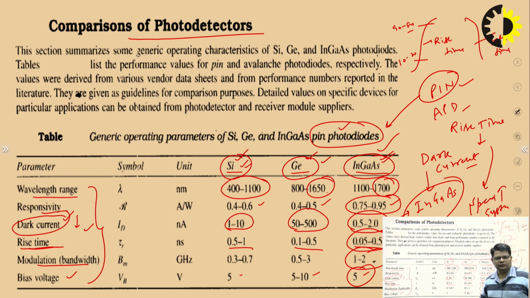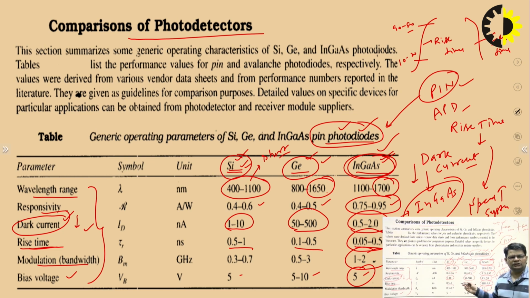So based upon this comparison, we can conclude that if we have to operate in the short wavelength region, then silicon based PIN photodiode performs better, and in all other cases the indium gallium arsenide based PIN photodiode performs better as compared to PIN photodiode made up of silicon or germanium.